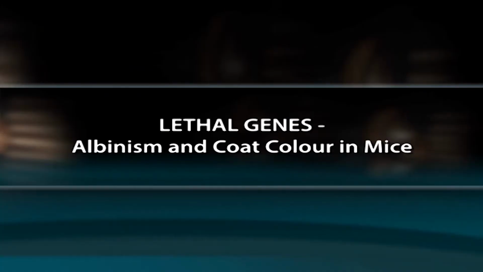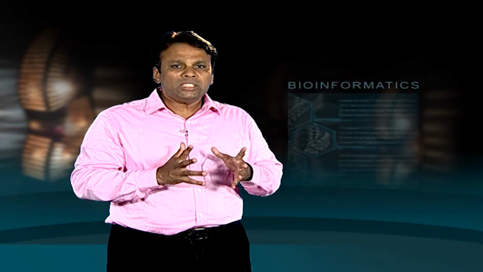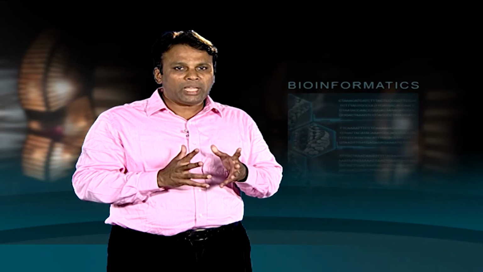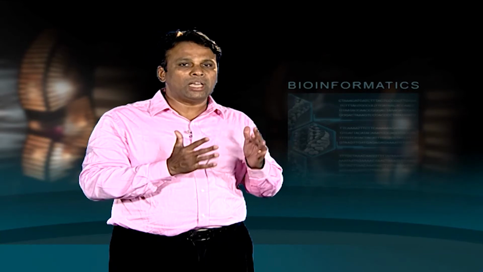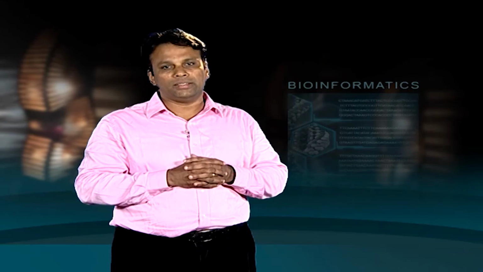Now, let us examine the case of lethal genes, which can be very well represented with the example of albinism and coat color in mice. Genes may affect viability as well as the visible traits of an organism. Sometimes organisms die when these alleles or genes are present in homozygous condition.